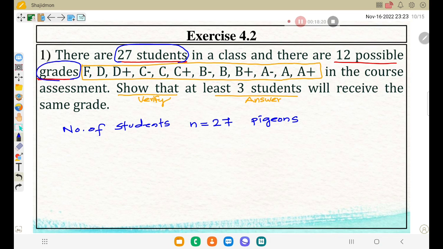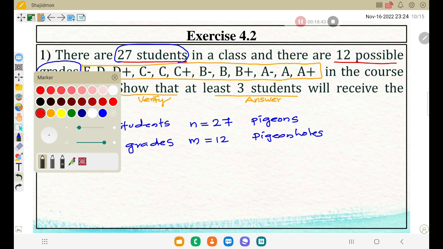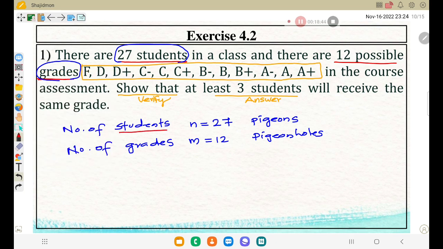Pigeons are going into the pigeonholes. The number of grades is 12 possible grades, and these are the pigeonholes. So keep in mind these two ideas: students are like pigeons, grades are like pigeonholes.